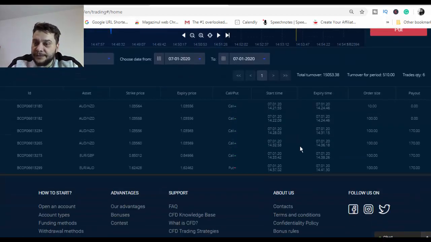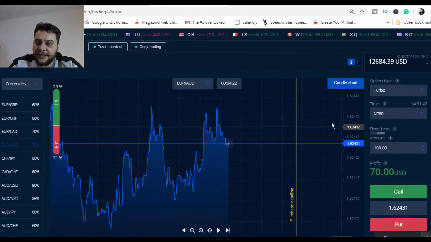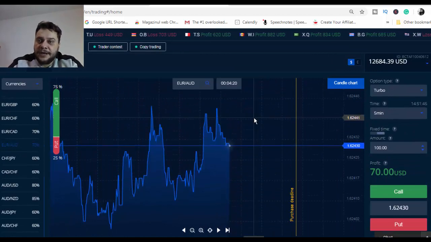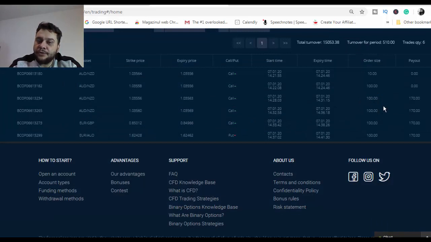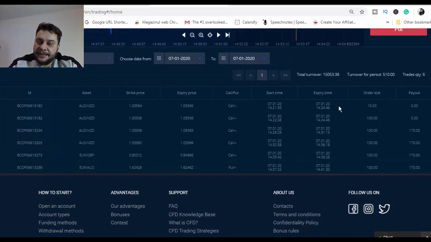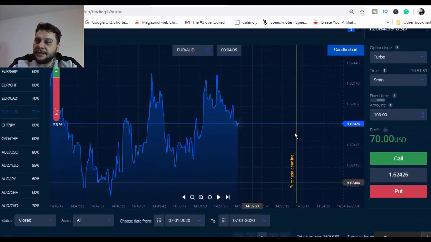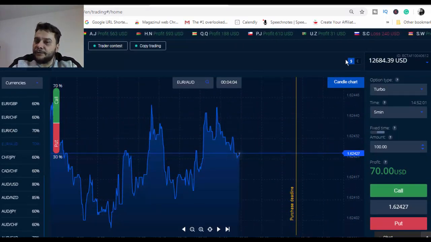So this is a good winning ratio. We have 4 winning trades from 6. So that's very good. You could put here $1,000 or $2,000 or $500, and the profit will be bigger, but that depends on your account volume.